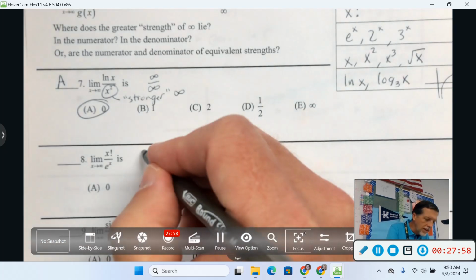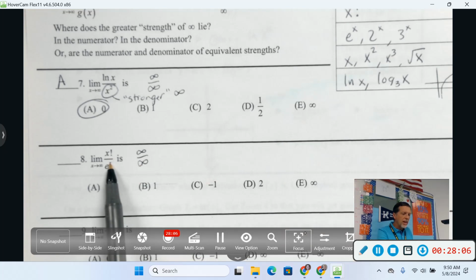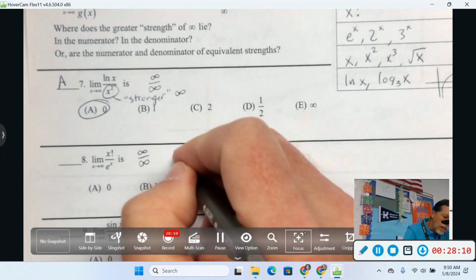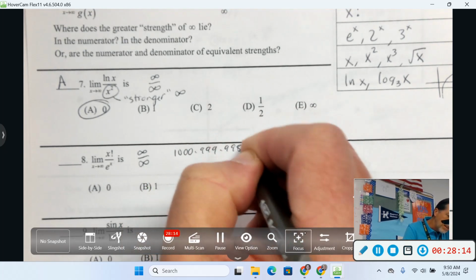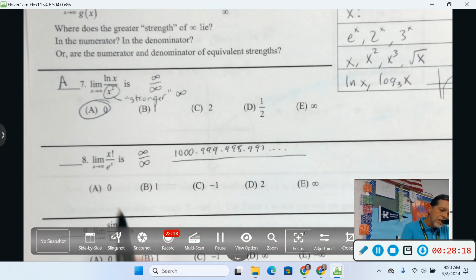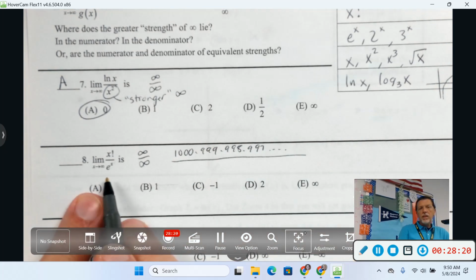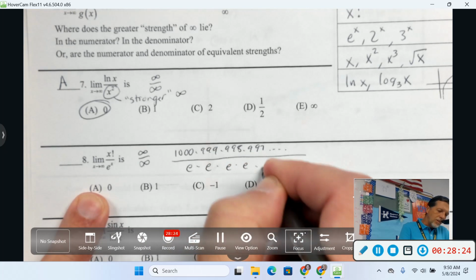Number 8. Again, infinity over infinity. And think about, like, I mean, yes, the table's over there, but if I plugged in 1,000, the top would be 1,000 times 999 times 998 times 997 ... E to the 1,000 would be E a bunch of times.